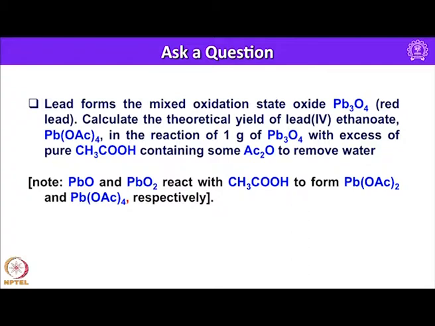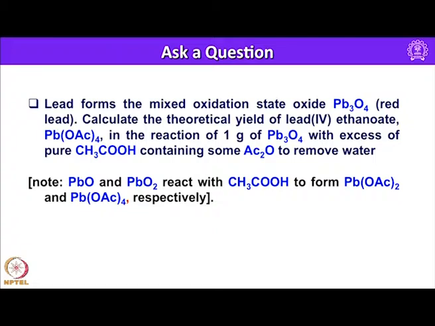Lead forms the mixed oxidation state oxides. That means, if we consider Pb3O4, you can see that we have 2 different types of lead ions. So, calculate the theoretical yield of lead 4 acetate in the reaction of 1 gram of Pb3O4 with excess of pure acetic acid containing some quantity of acetic anhydride.